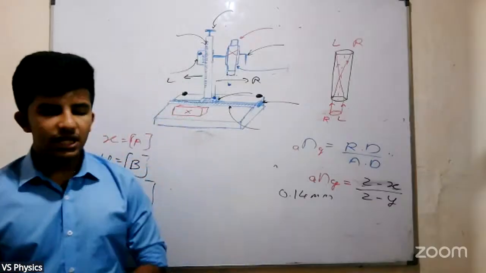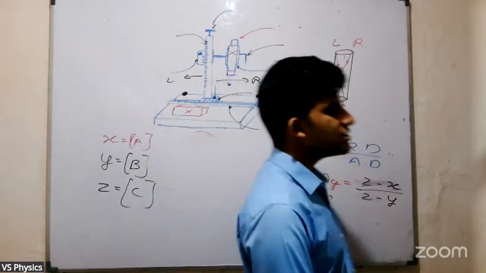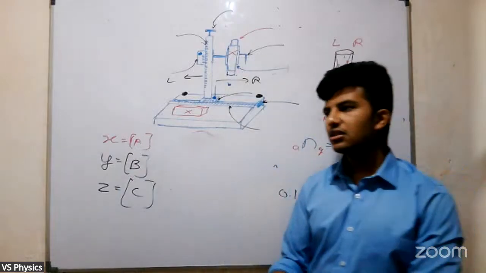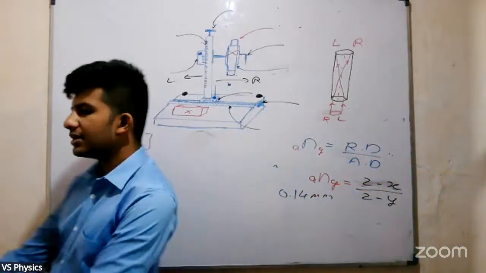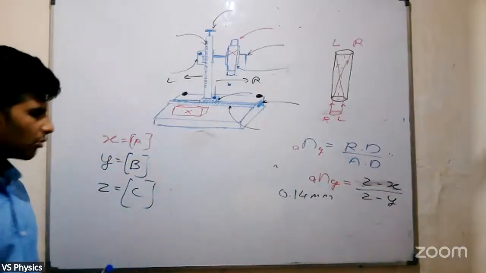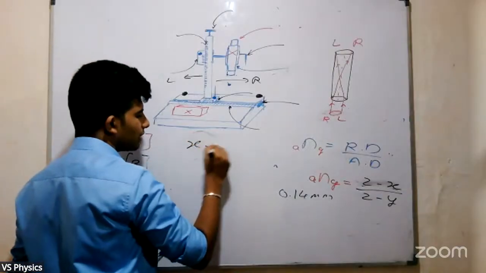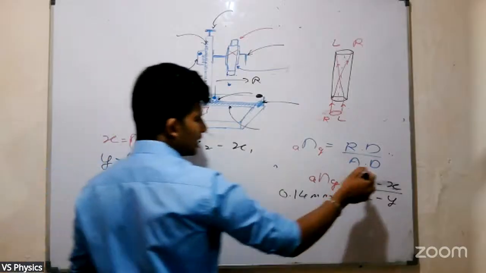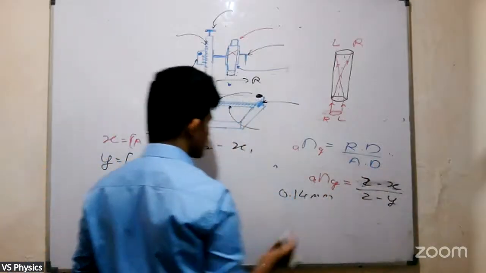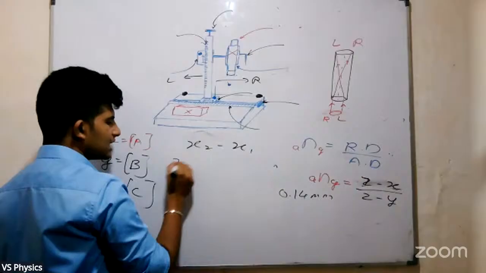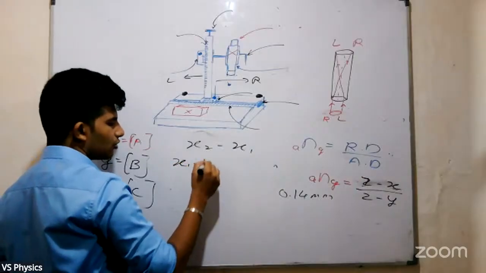And in a traveling microscope, there is no zero error. Why? Even if we find a zero error, what will happen? How are we taking the measurement? X2 minus x1. Even in this experiment, we are taking x2 minus x1. So let's say it has a zero error and we call it R.